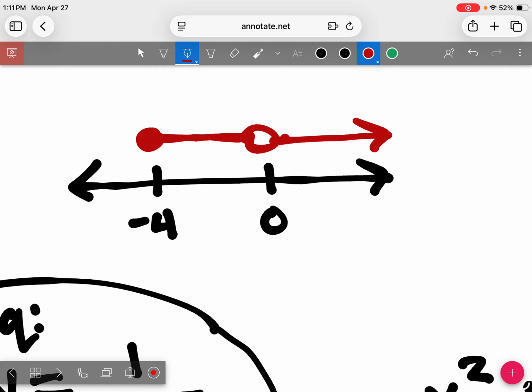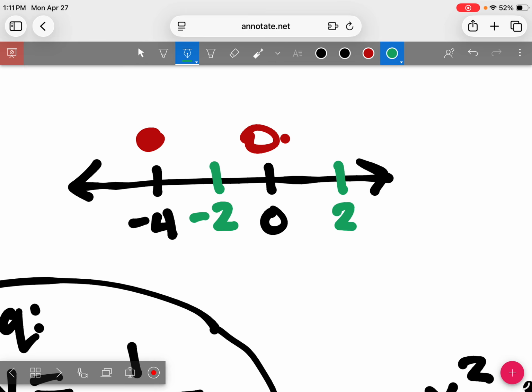Now this is where I left off. But I have to add 2 more things to it. Now I have to add the -2 and the +2. Those are also excluded. So I have taken my domain and chopped it into 4 pieces. That is my full domain.